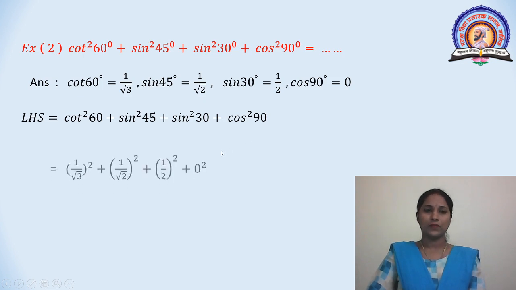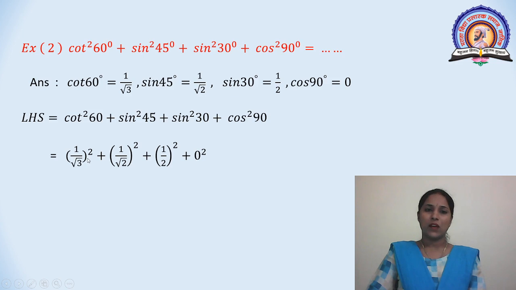We get 1 by root 3 its square, because here cot square, that is trigonometric function its square, plus 1 by root 2 its square plus 1 by 2 its square plus 0 square. This is equal to: square of 1 by root 3 is 1 by 3, square of 1 by root 2 is 1 by 2, square of 1 by 2 is 1 by 4, plus 0.